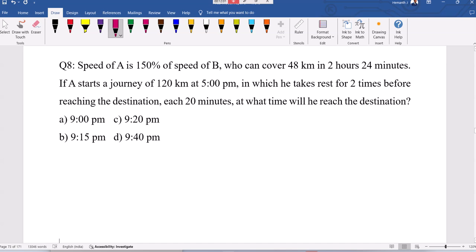Speed of A is 150% of speed of B. 150% means 1.5 times, 150 divided by 100, 3 by 2.